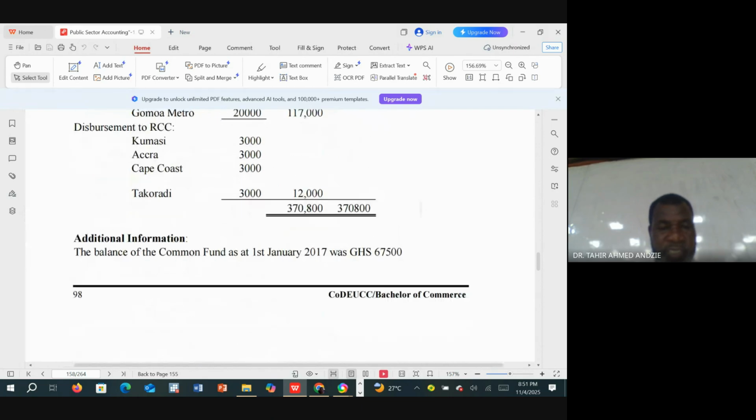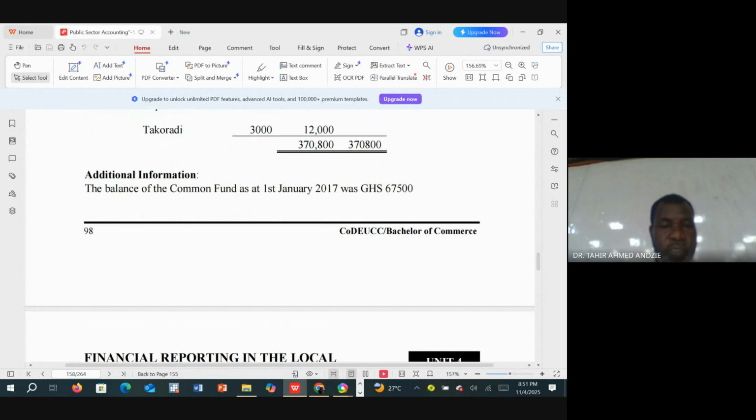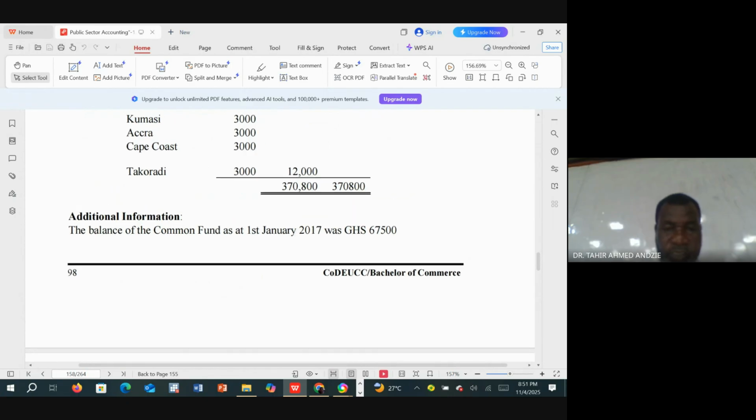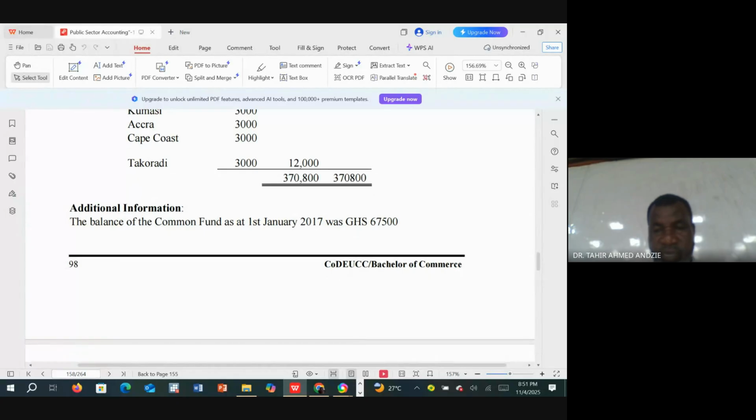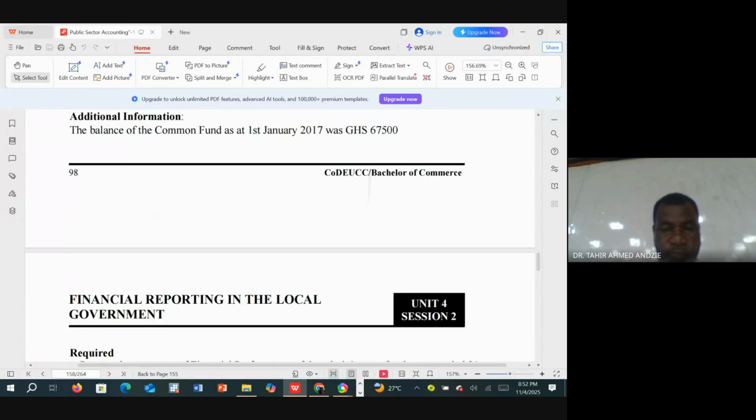All right. So additional information: the balance of the common fund as at 1st January 2017 was 67,500. Right.